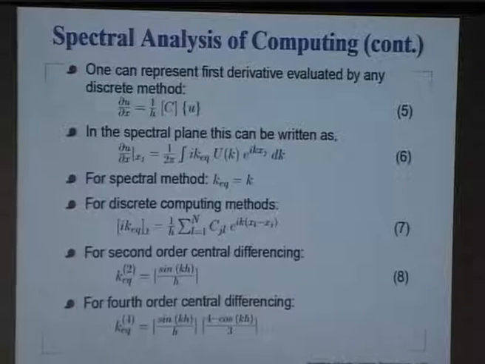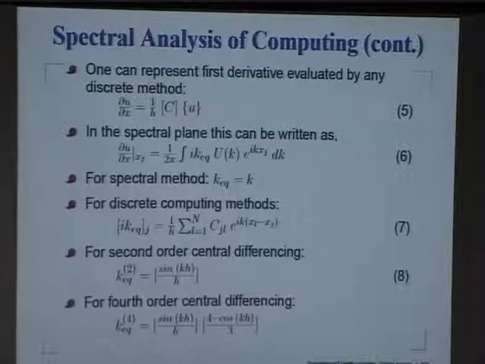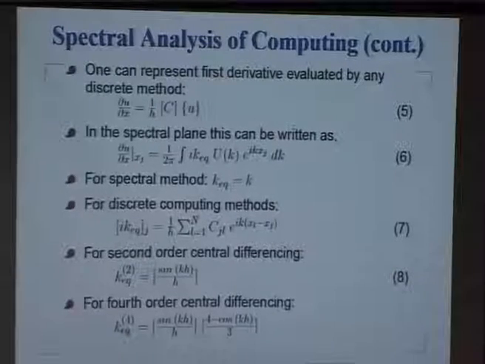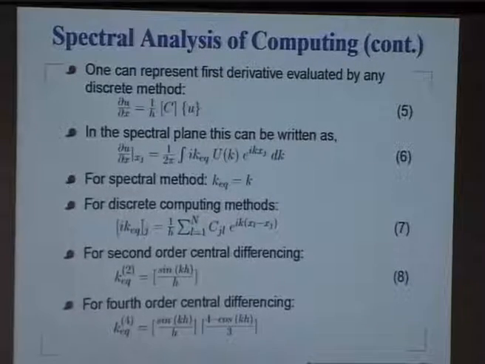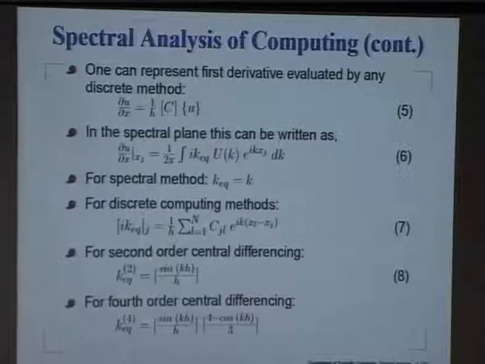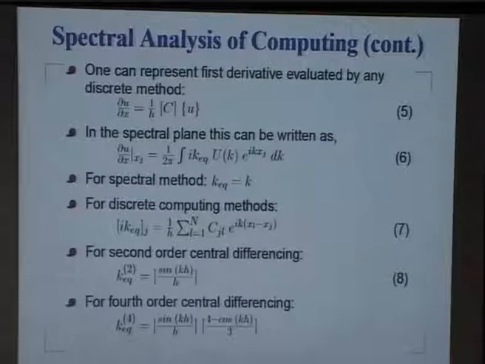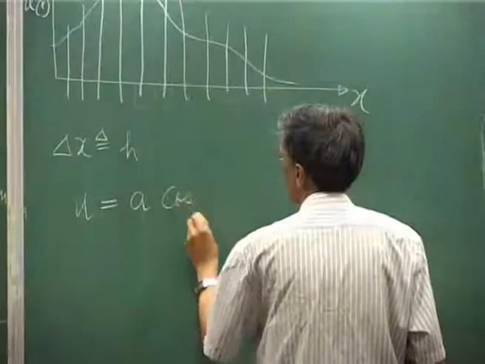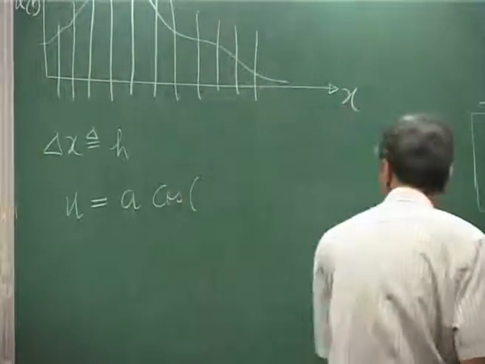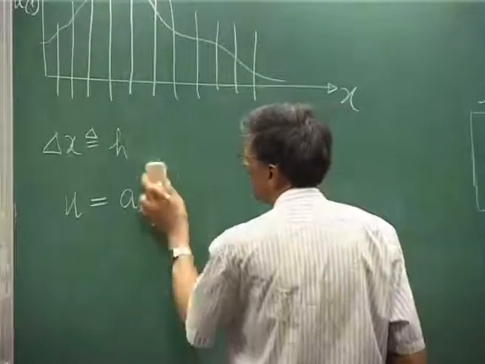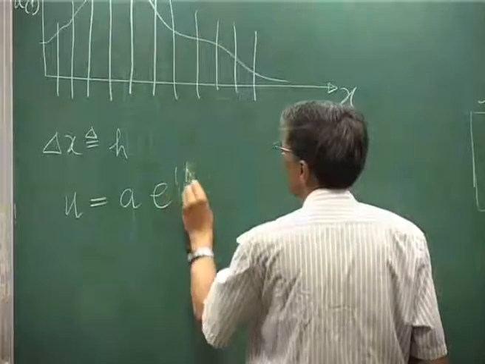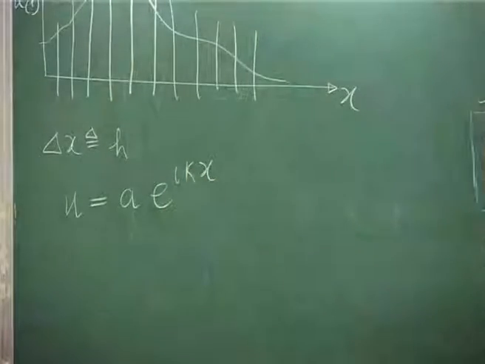Now, what happens is, if I represent a function like what we have written there, I would prefer to write it in complex notation. This makes life much easier.